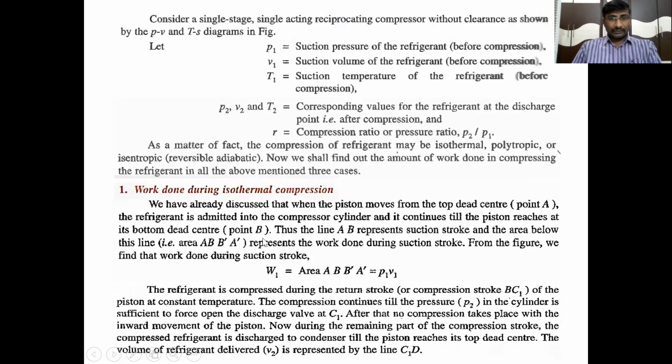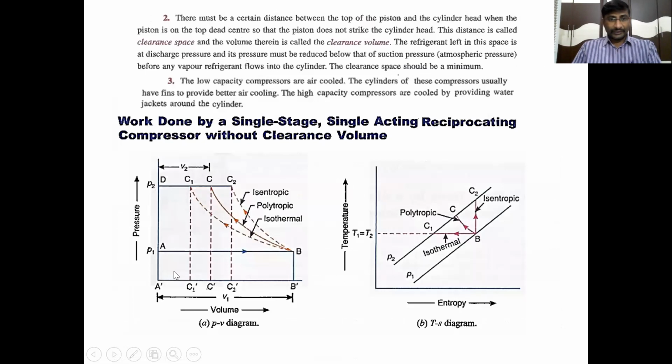Clear? Thus the line AB represents the suction stroke, and the area below this line, area A, B, B dash, A dash, represents the work done by the refrigerant on the piston during the suction stroke.